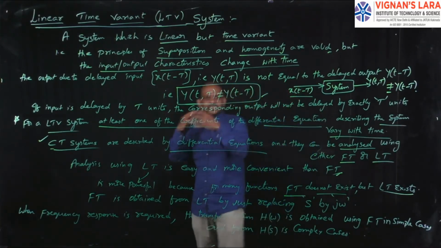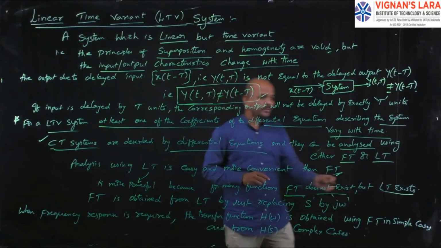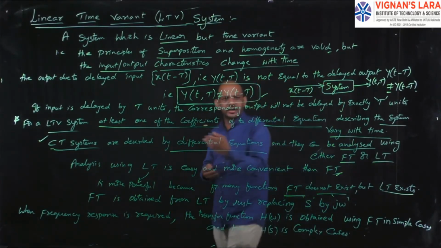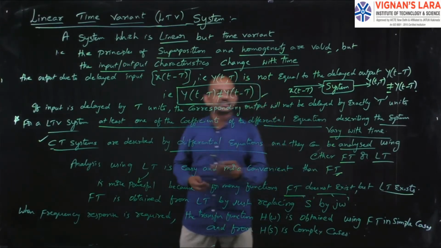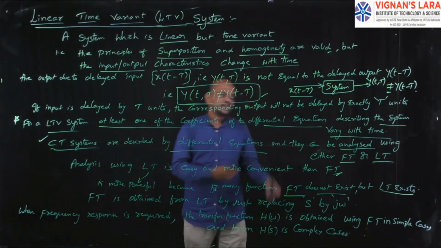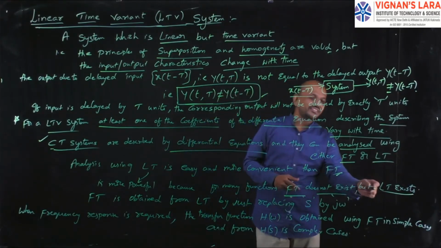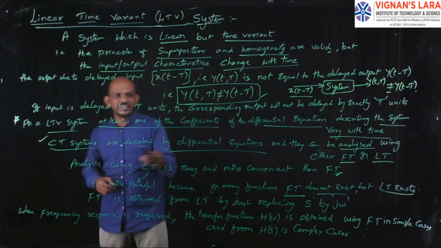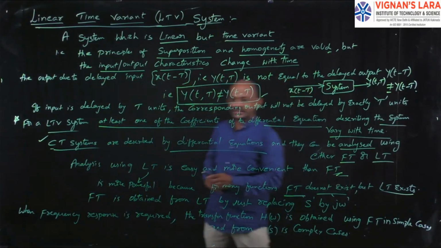If the Laplace transform exists, then the analysis can be done. But if the Fourier transform does not exist, how will we analyze? For analysis, the Fourier transform or Laplace transform has to exist. So the Laplace transform is more powerful, easier and more convenient when compared with the Fourier transform.